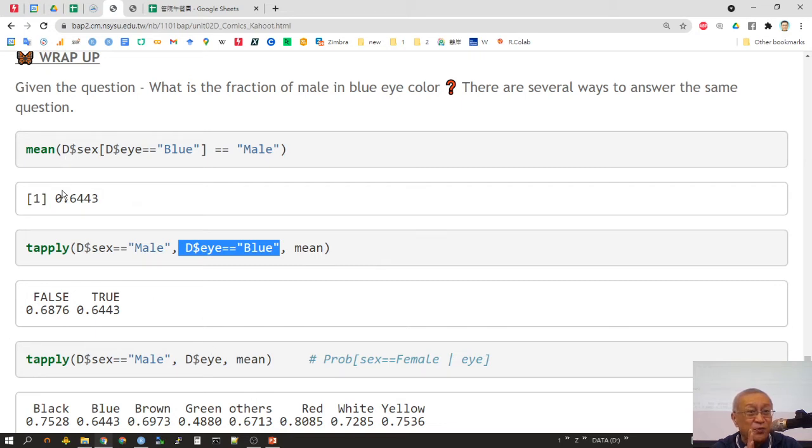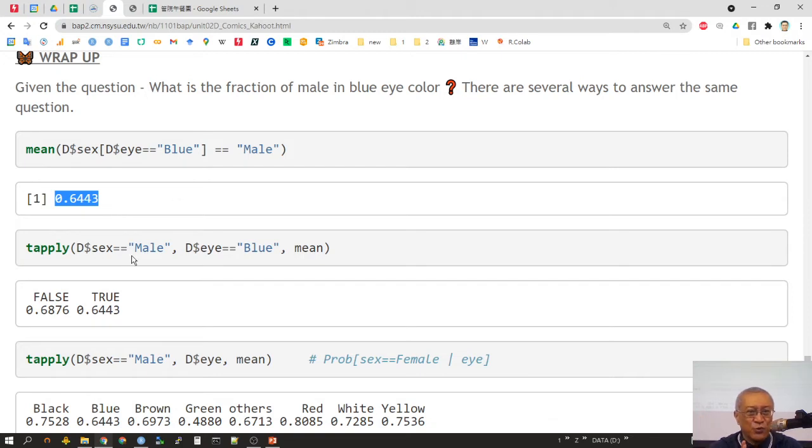So instead of one number, now we have two numbers. The reason that you need two numbers is you want to compare, right? If I just have one number, I only know that this is the fraction of male in blue-eyed.